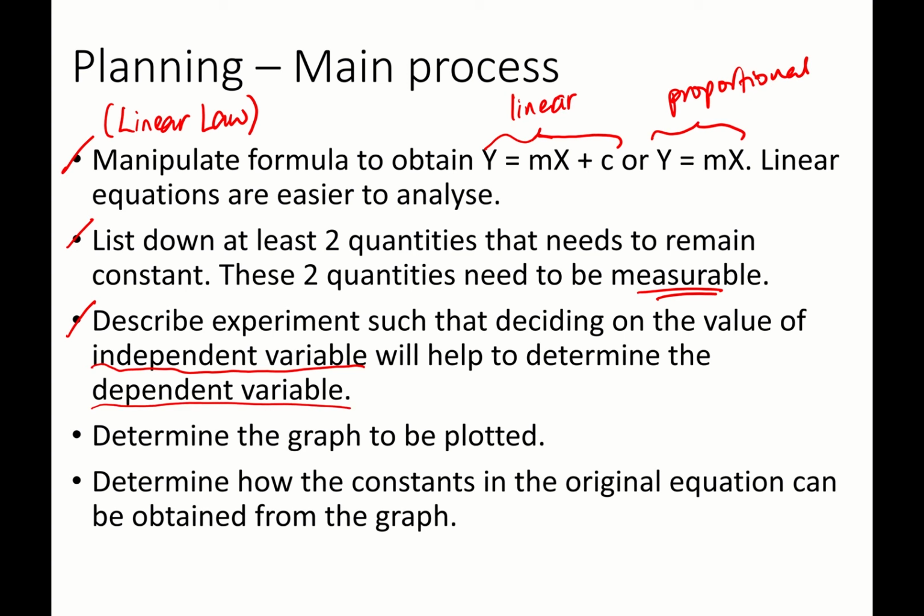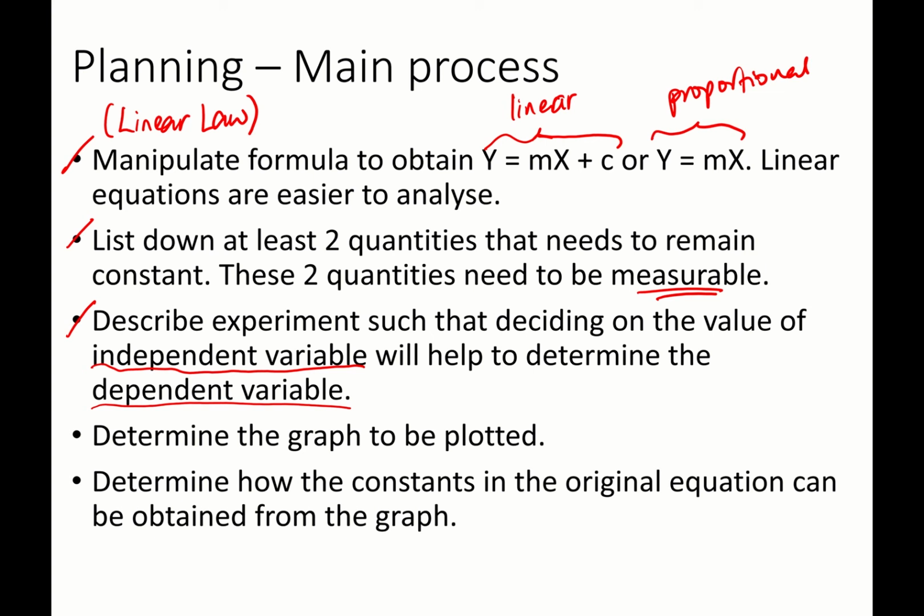Write it in a way such as this. And don't forget to, for each step, repeat the measurement of the dependent variable at least 3 times to get an average. And then repeat the whole process to get at least 6 sets of independent and dependent variable.